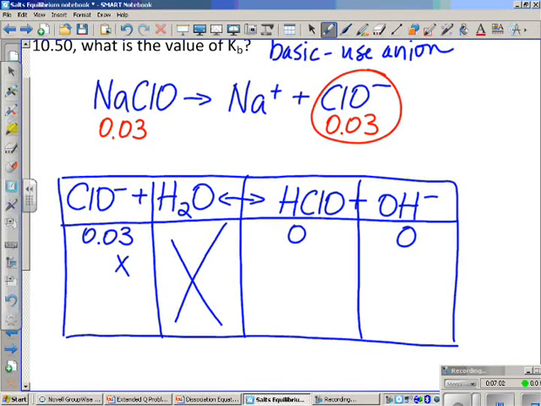You have X, X, X. They're all ones, but I'm going to make this side positive and this side negative. You have 0.03 minus X. We have X, and we have X.